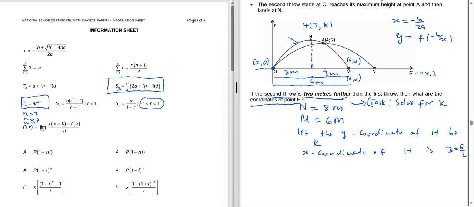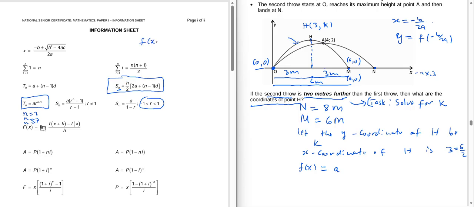If you choose the other one, there will maybe be some complications, but for now it is good reasoning to choose 0, 0 and 6, 0. Why would you do that? Because we would construct our f of x as equal to what? As we have a, it's an unknown, because remember the general structure of a quadratic equation, it's ax squared plus bx plus c.